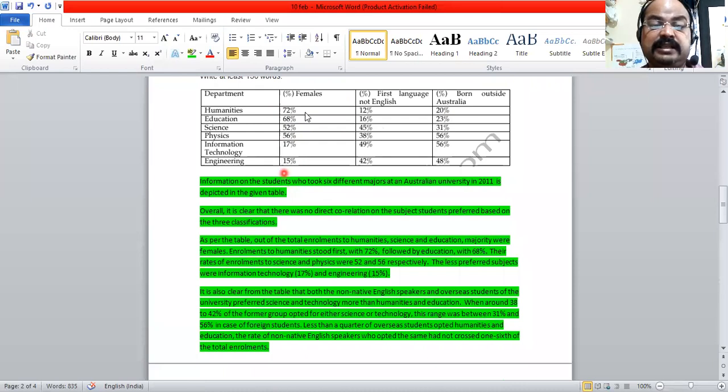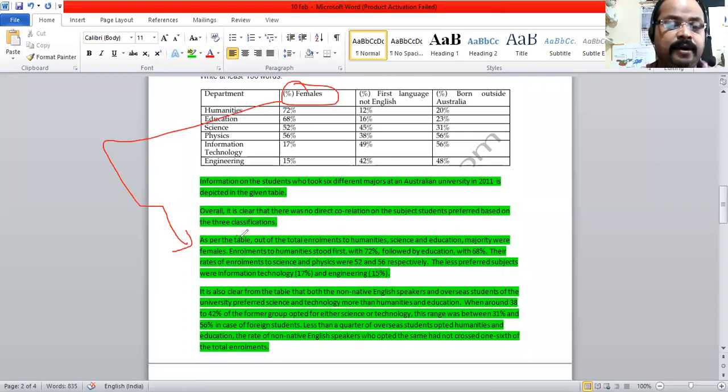The first separate point is about the female proportion. As per the table, out of the total enrollments to humanities, science, and education, the majority were females.